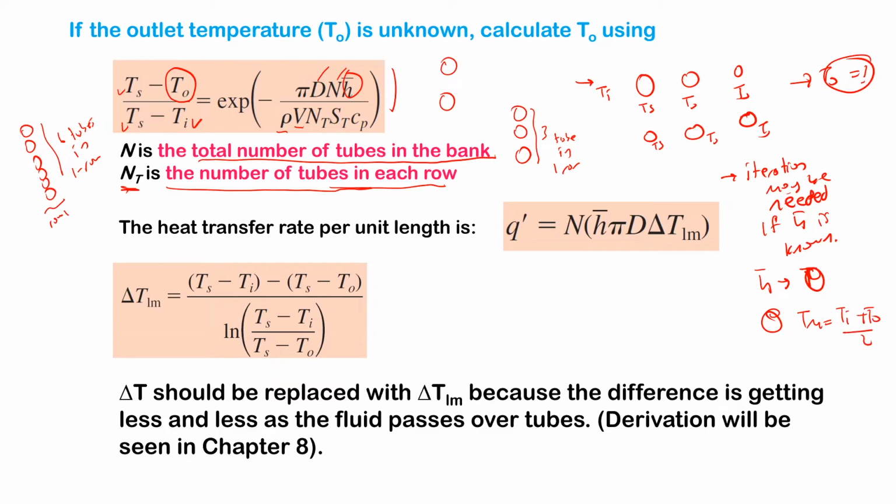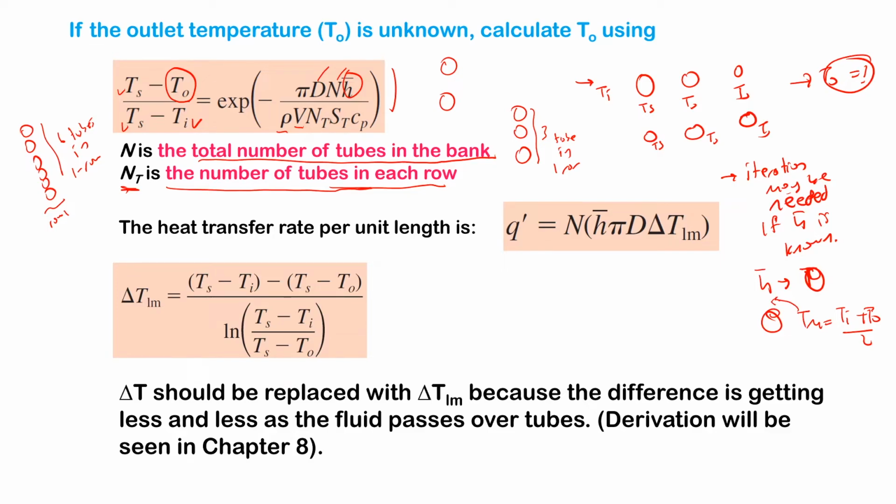So what you may need to do in many cases is estimate, guess a T outlet temperature, and from the T outlet temperature you will find T mean, and from T mean you will find h bar, okay?